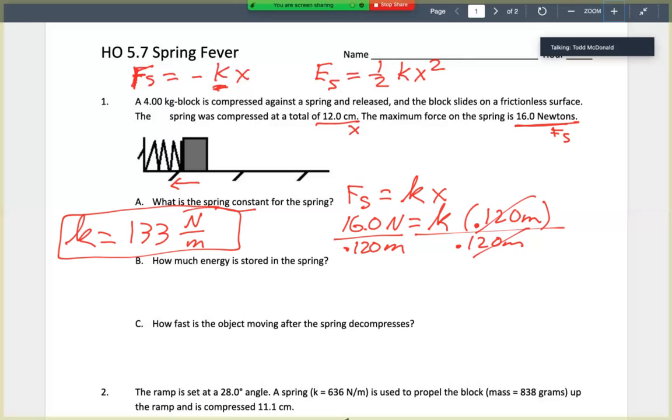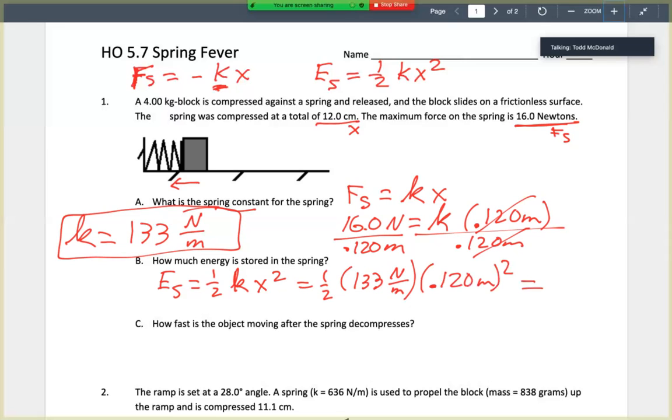How much energy is stored in the spring at that point? Well, here's our equation. Energy of the spring is equal to 1/2 times K times X squared. Obviously, the more we stretch or compress the spring, the more energy is going to be stored. So we just put in our numbers, 1/2 times this 133 newtons per meter we just found, and the fact that we are compressing it 0.120 meters, we have to square that term.